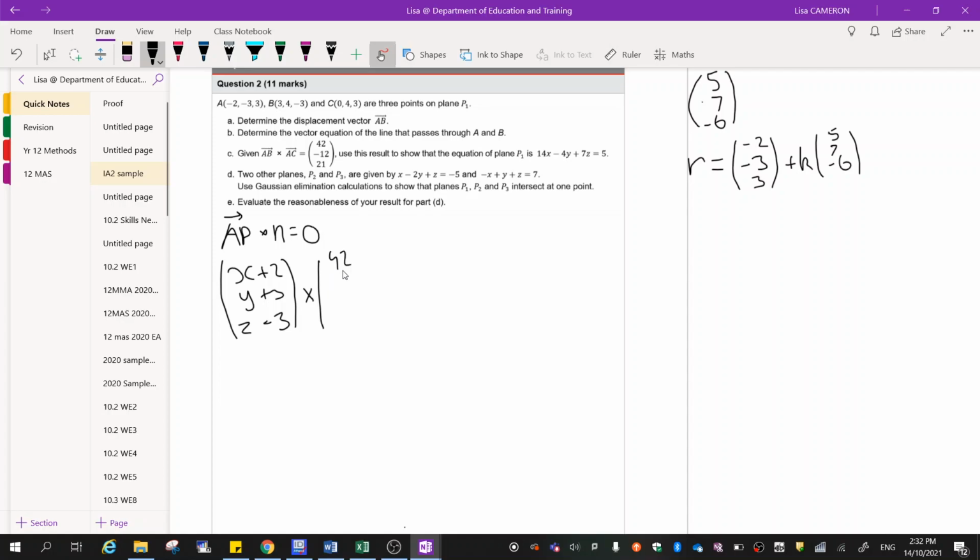So the 42, the negative 12, and 21. That's going to equal 0.